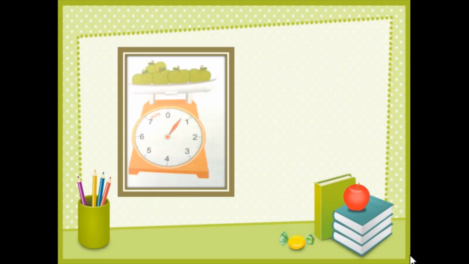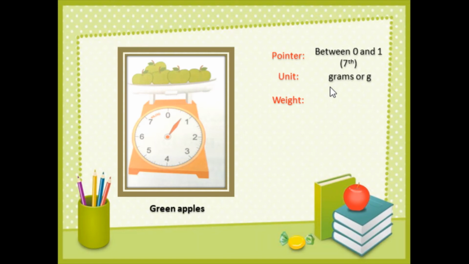Let's move on to measuring green apples. Pointer, unit, weight. The pointer points between 0 and 1. And the pointer points at the 7th division. Therefore, our unit is it kilogram or gram? Grams. Good job.